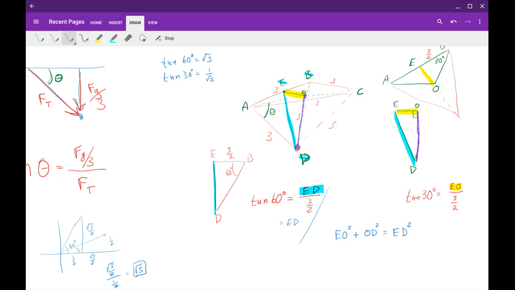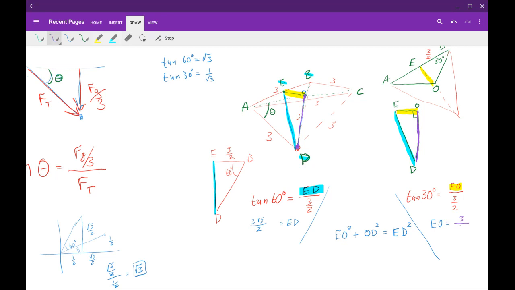Okay? And so now ED is, I'll write that here, the square root of 3 times 3 over 2. EO is 3 over 2 with the square root of 3 on the bottom, or times the tangent of 30. So it's 3 over root 3 times 2, or 2 root 3, I guess I should write.